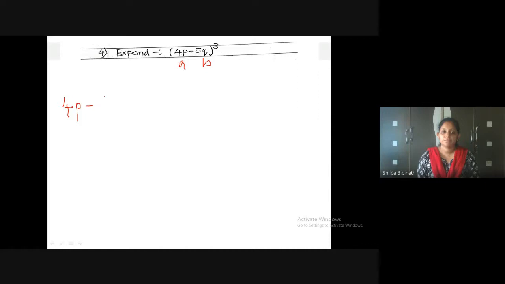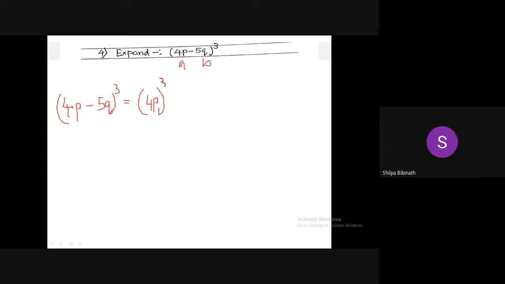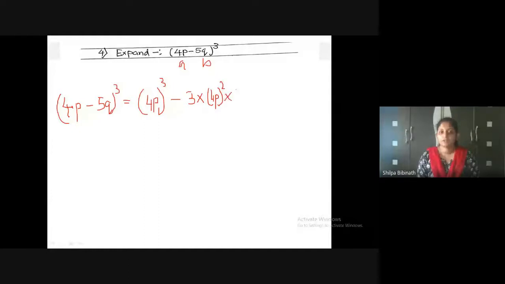4p minus 5q the whole cube. How are you going to solve this? A cube. A is what there? 4p. A cube, into 5q.